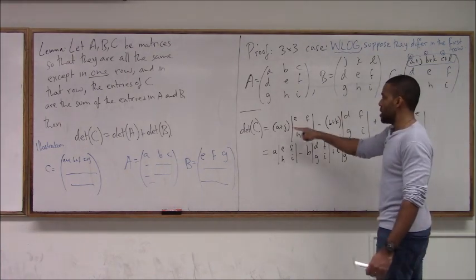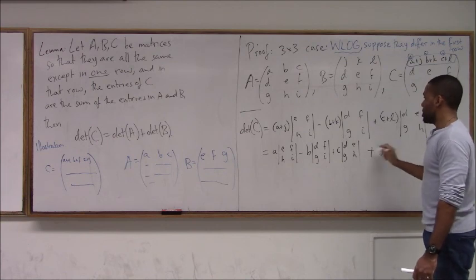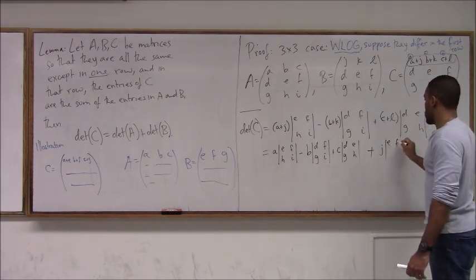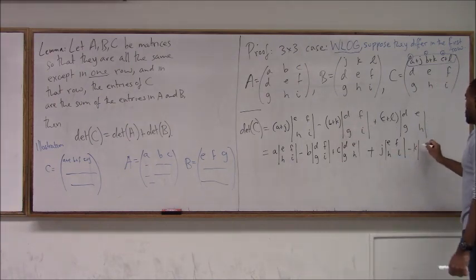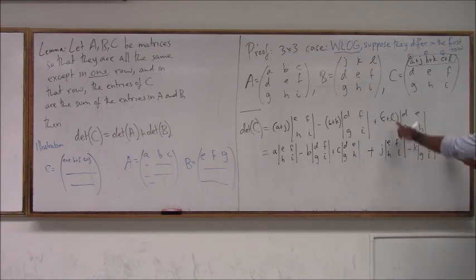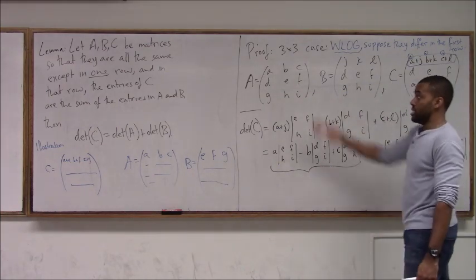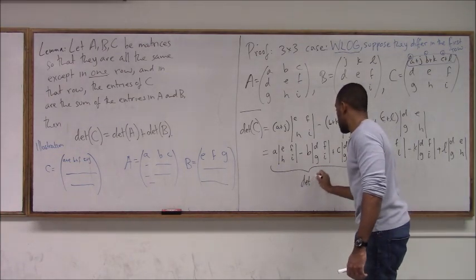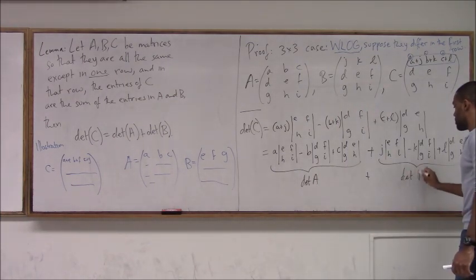So I take the a times this, the b times this, the c times that, and then plus the j times this, minus the k times this, plus the l times this. And you'll notice that this part here is the determinant of this matrix, plus this ends up being the determinant of B.